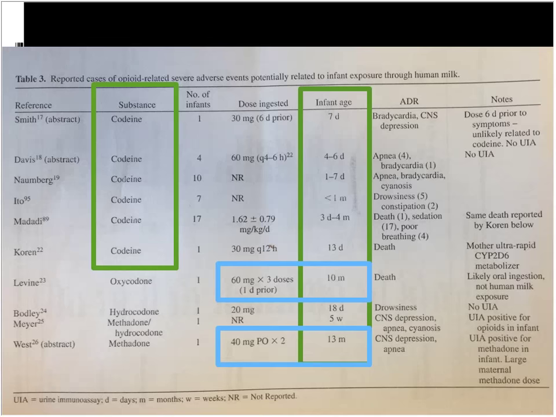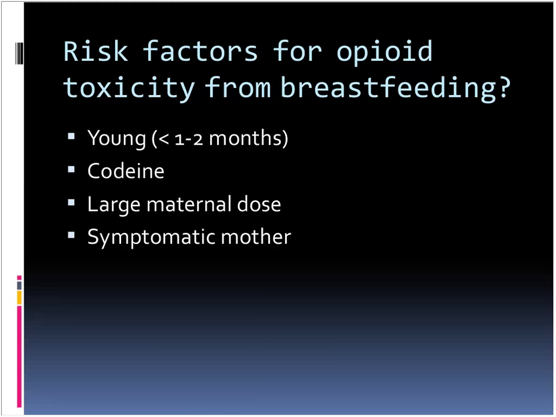In the one on the bottom, the mother ingested 80 milligrams of methadone, became unconscious, and was breastfeeding her 13-month-old while she was symptomatic from the methadone. So the pattern is pretty clear: codeine, very young children, or a large maternal dose with a symptomatic mother. Those are the red flags, risk factors for opioid toxicity in breastfeeding.